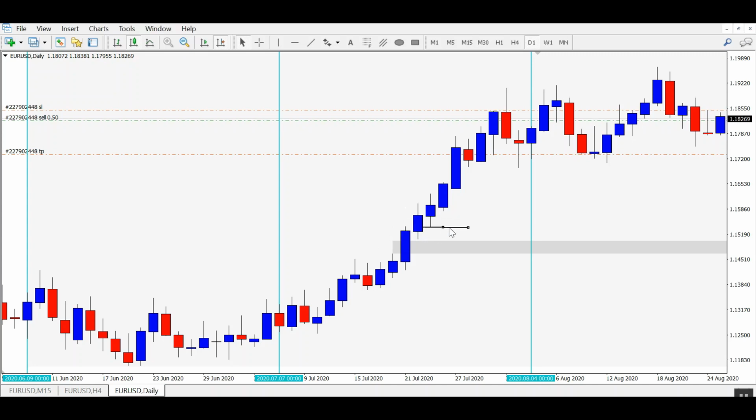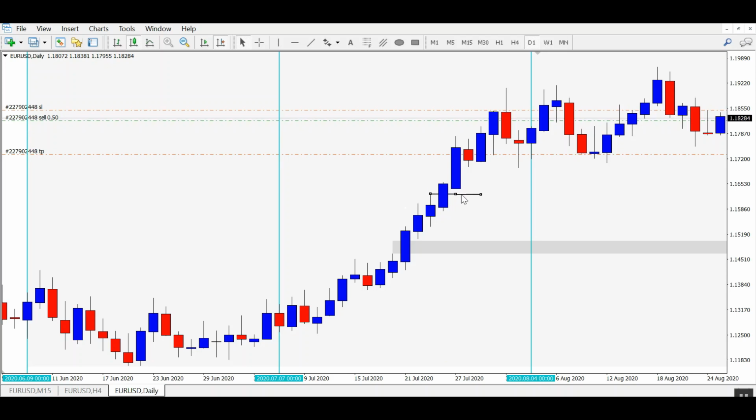Now, if we move this line further and consider this candle as the middle candle, we're going to see that the high of the previous candle was actually touched by the low of the following candle. So we don't have any fair value gap in here.